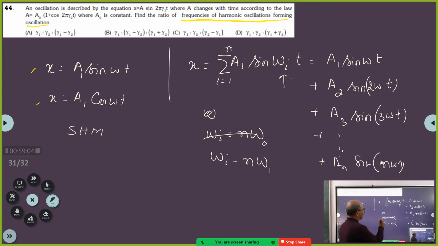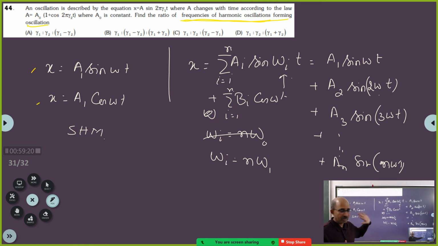I have written sin here; it can also be summation of Bi cos omega i t, i going from 1 to n. Understood? So it is a combination of many sinusoidal or cosinusoidal functions.